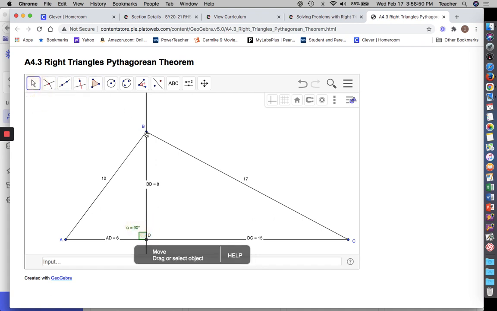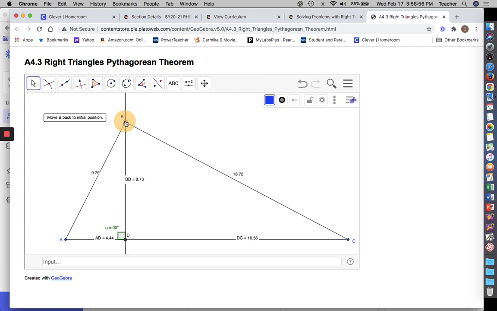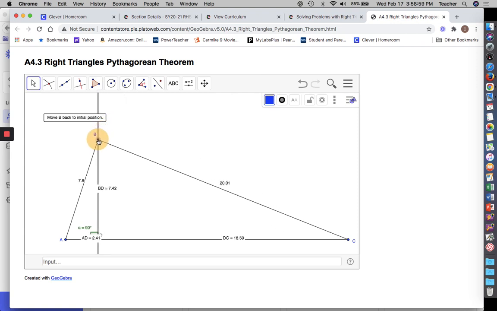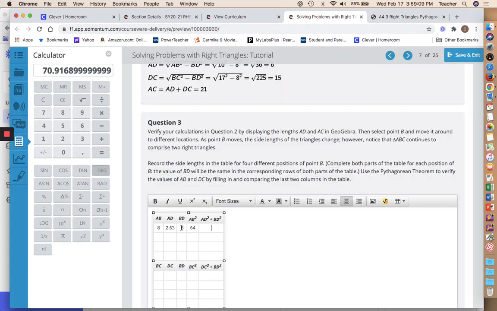Alright, so I'm going to move B. Now I'll make it 8. At least it stays 90.